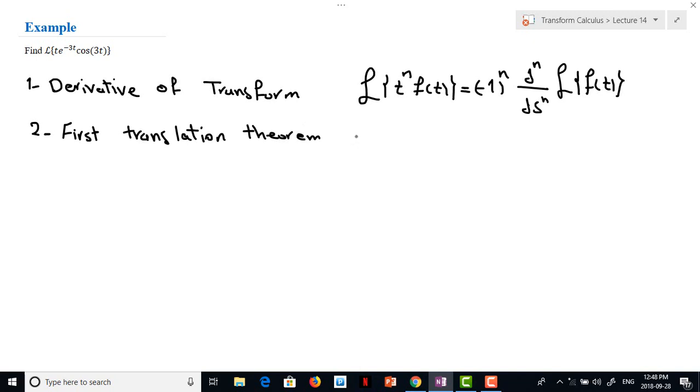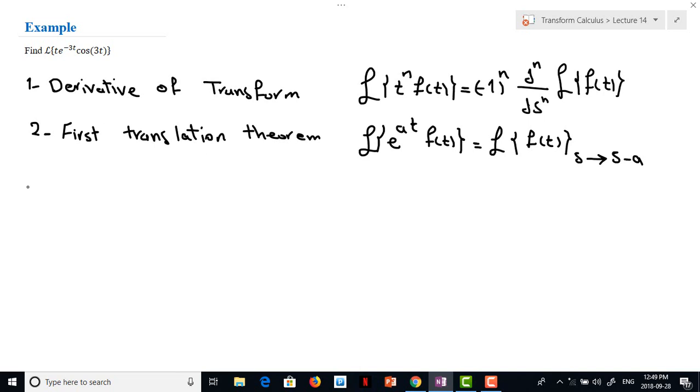Based on the first translation theorem, we have the Laplace transform of e to the power of at times f(t) is equal to the Laplace transform of f(t), but we have to replace s by s minus a. Now we use these two properties to solve this problem.